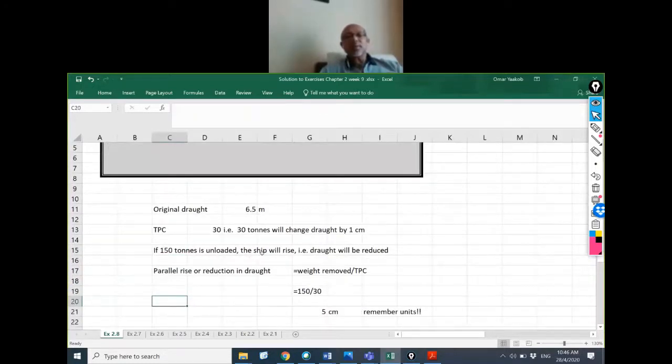Rise means the draft will be reduced. So the parallel rise, or reduction in draft, how much is the reduction? The reduction is weight removed divided by TPC, because 30 tons changes 1 centimeter. So 150 divided by 30.